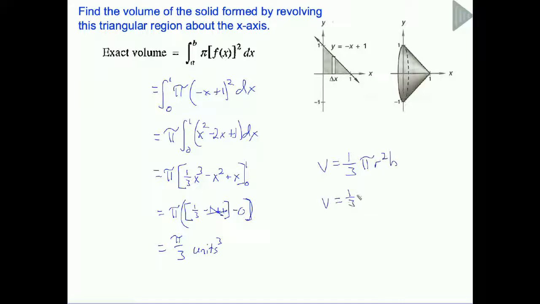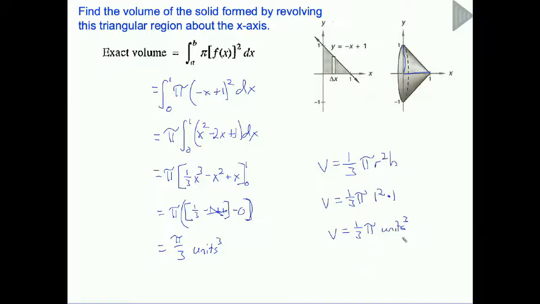Well, we have 1/3 pi. What's the radius of this thing? Well, the radius is 1, so 1 squared, and our height here is also 1, times 1. And so we do see that we have the correct answer, 1/3 pi, or pi over 3 units cubed.